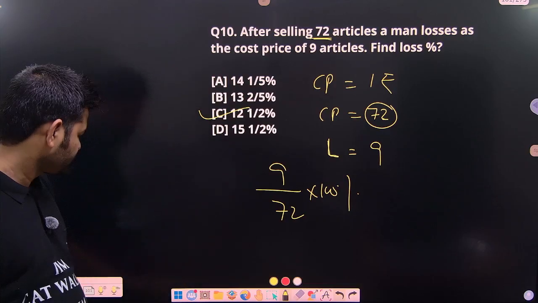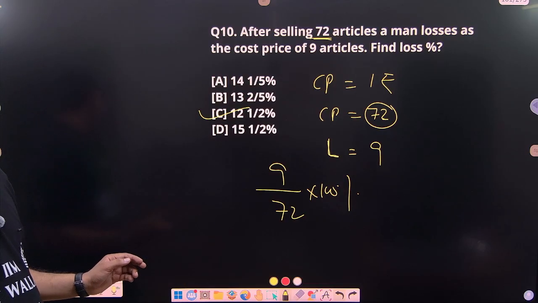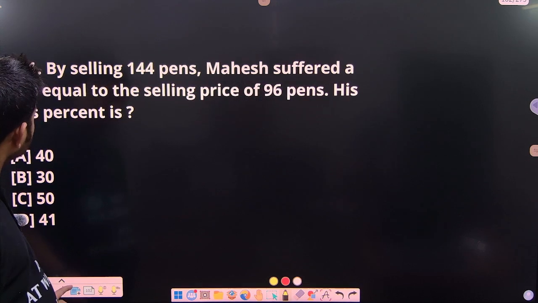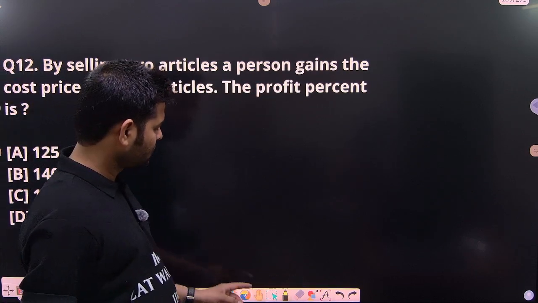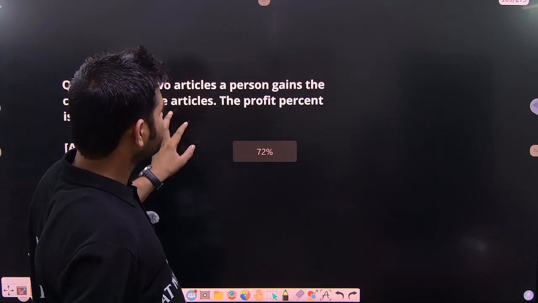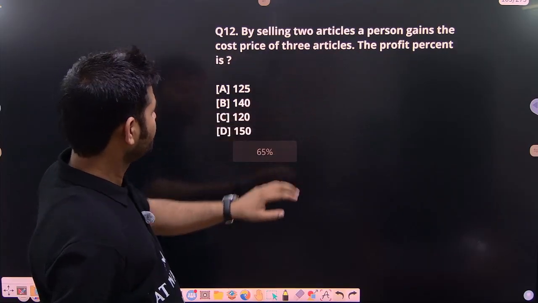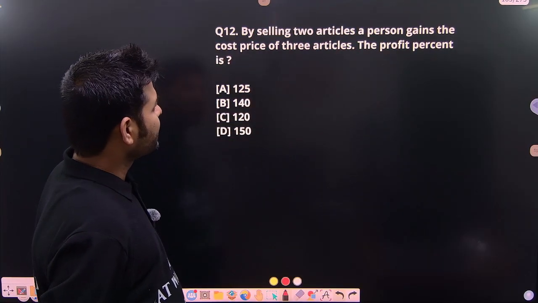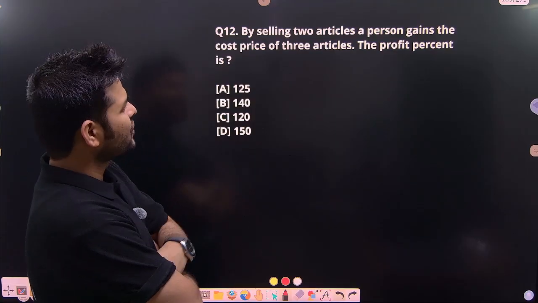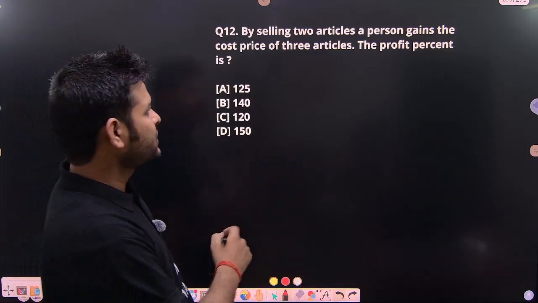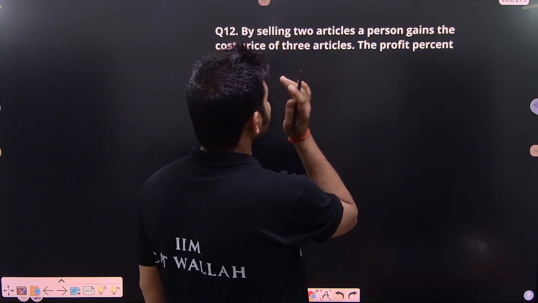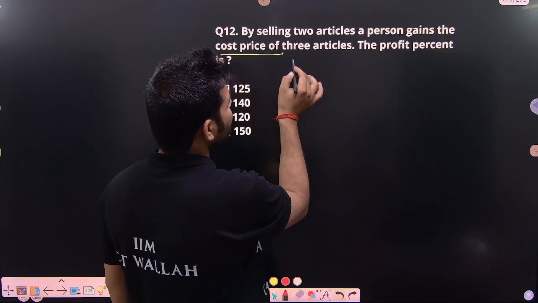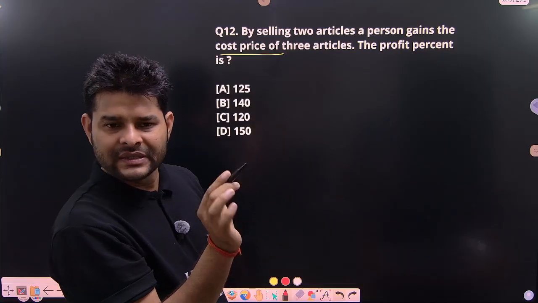Question 12 is of the same type. By selling 2 articles, a person gains the cost price of 3 articles. So again we need to consider cost price.